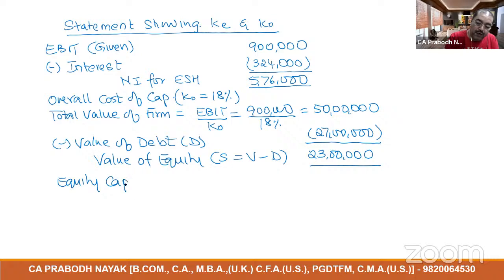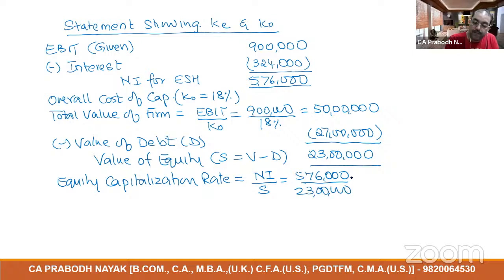Equity capitalization rate is equal to net income divided by S, market value of equity. Net income is 5,76,000 divided by 23 lakhs. Percentage formula. So 576 divided by 23, 25.04%.